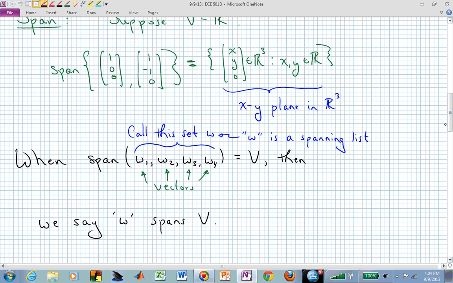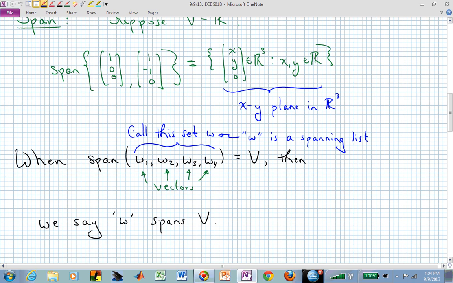We can also talk about a collection of vectors, and I'm hoping you're not getting completely confused by the overloaded notation that sometimes is used. Here, W1 represents a vector. It's not a coordinate in this set W. So W1, W2, W3, W4 are 4 different vectors. That collection, or set of vectors, we can say is W. So now you have a set of 4 vectors.